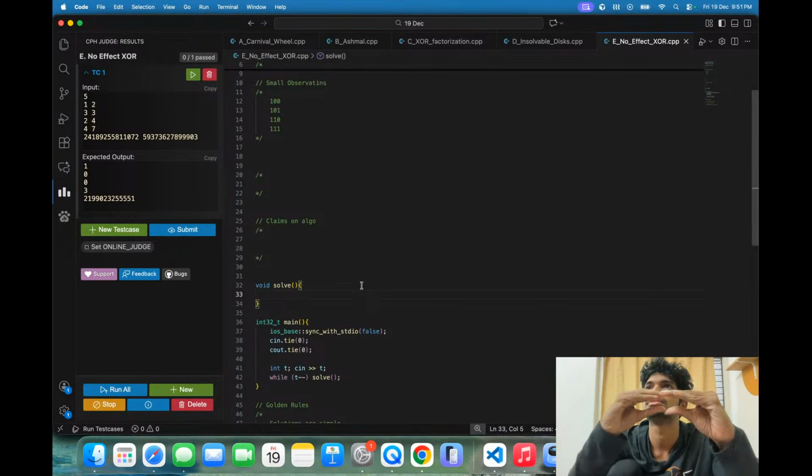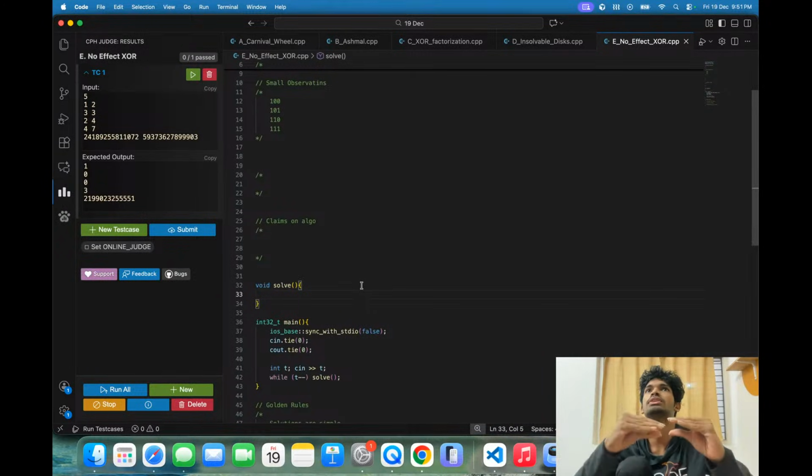Okay, if you take different patterns, the pattern will be like 0, 1, 2, 3.